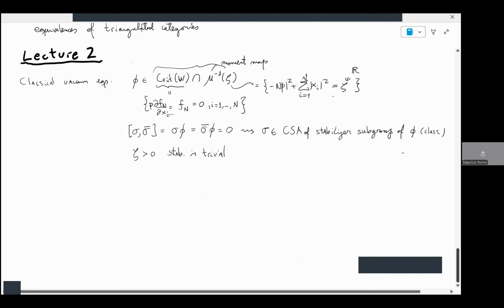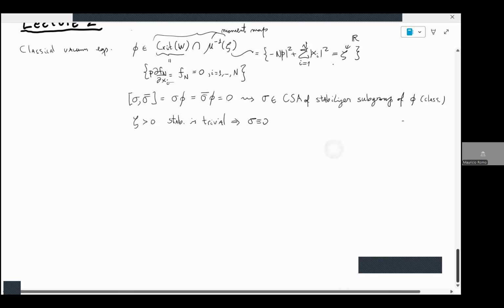Hence sigma is identically 0, right? The Cartan subalgebra of a trivial Lie group is 0. And if zeta is negative, the stabilizer is Z_n.